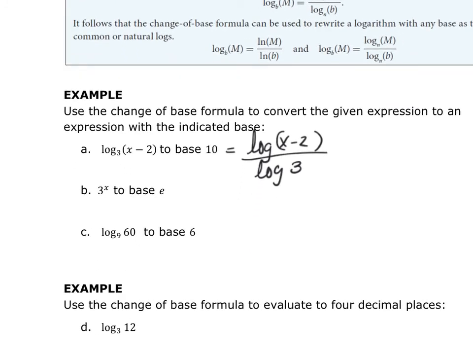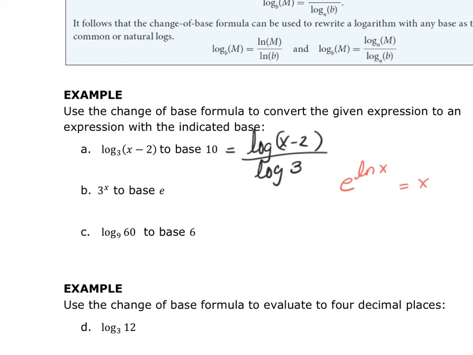So on my next example, I have 3 raised to the x, and I want to change this to base e. So on b, to change this to base e, we're going to use this rule that says if we have e raised to the natural log of some number, then that just equals some number.